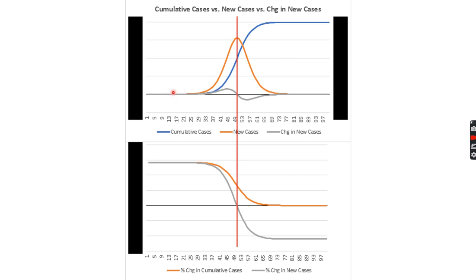Essentially what happens is cumulative cases will increase at an increasing rate until roughly 50% of the population is infected, and then it will increase at a decreasing rate until eventually it plateaus and it limits towards 100% of the population. Okay, so with new cases, right here we have this orange is the new cases.